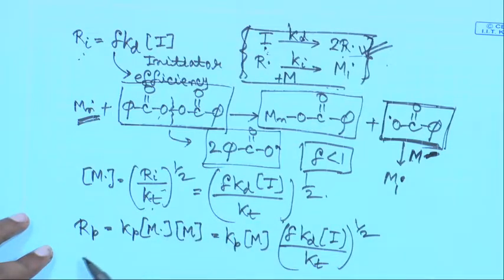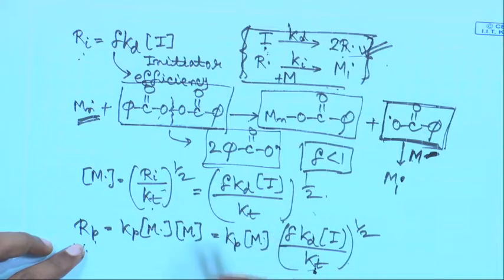You can immediately see your Rp is proportional to 1 divided by Kt to the power half. Of course, when Kt, the rate constant for termination, goes up, your Rp goes down, but it does not go down as alarmingly as it would if Rp were proportional to 1 by Kt.